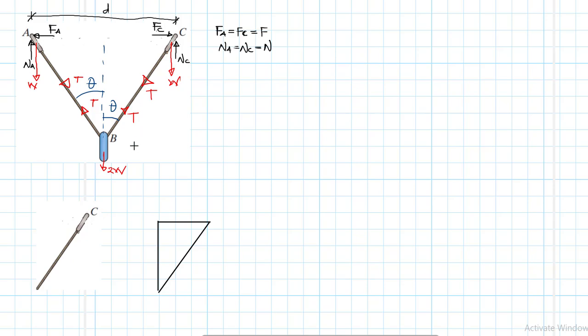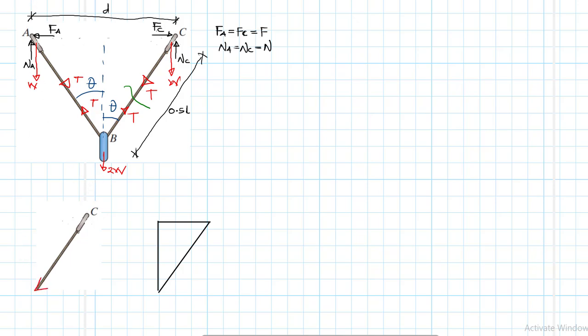The length of the whole wire we've been told is L, therefore half the length is going to be 0.5 L. So let's cut this wire here and just use the right hand side.